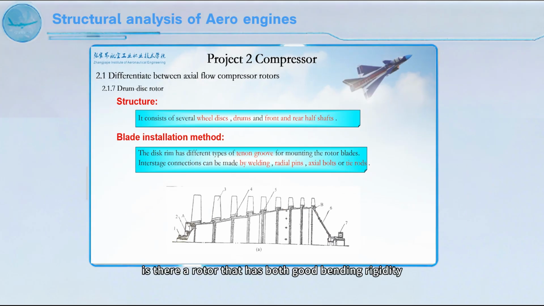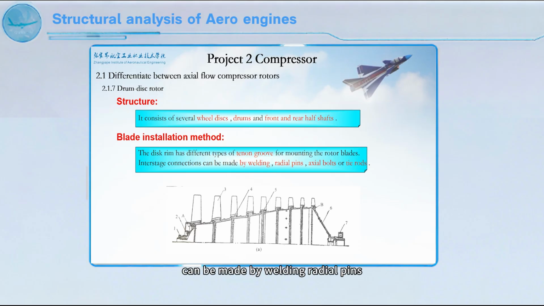Is there a rotor that has both good bending rigidity and strong ability to withstand centrifugal loads? It is the drum disc rotor we are going to learn about below. The drum disc rotor consists of several discs, a drum cylinder, and front and rear half shafts. The disc edge has different forms of tongues and grooves for installing rotor blades.